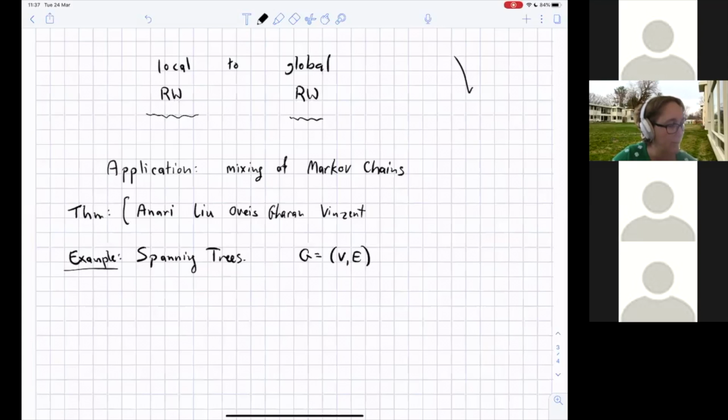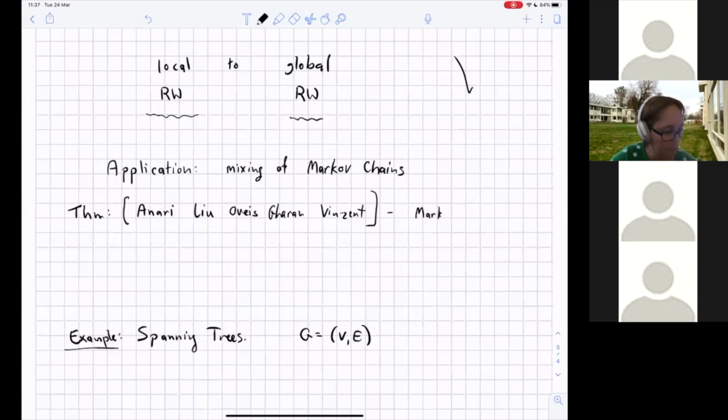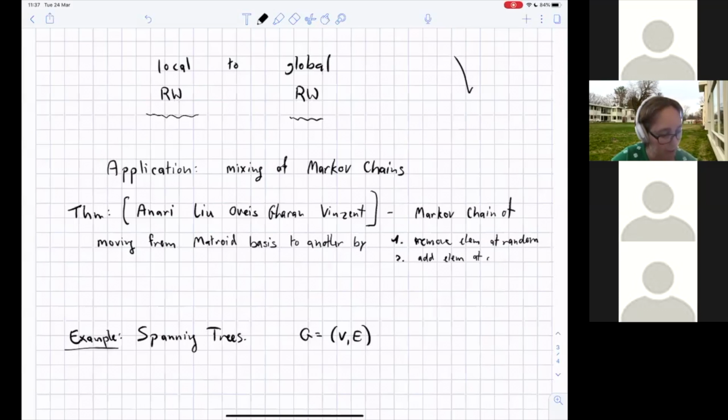So the theorem of Anari, Liu, Oveis Gharan, and Vinzant is that the Markov chain of moving from a, so in general, it's for any matroid, moving from one matroid basis to another by first removing an element at random, and then adding an element at random.